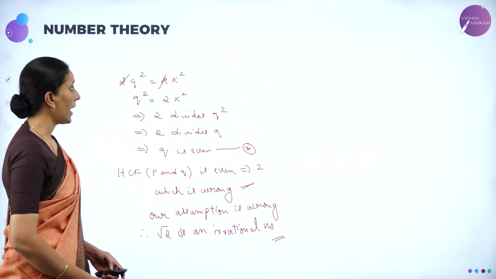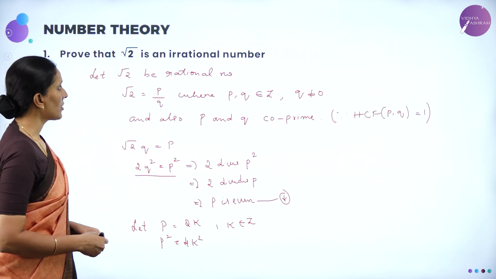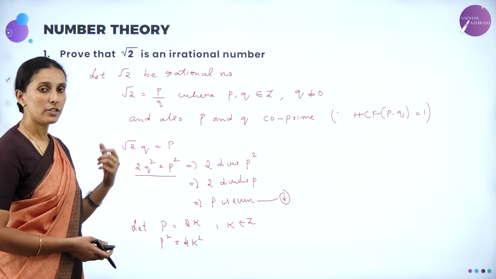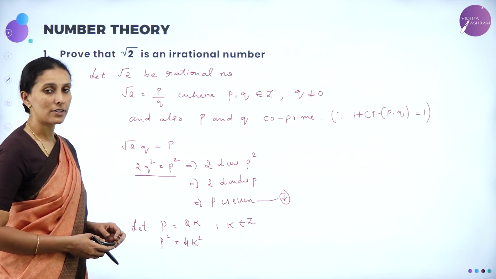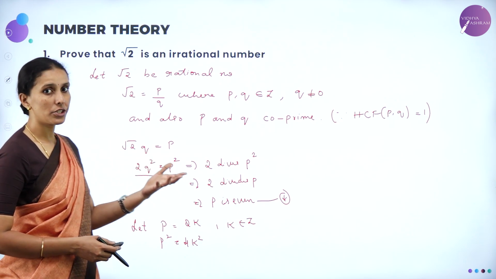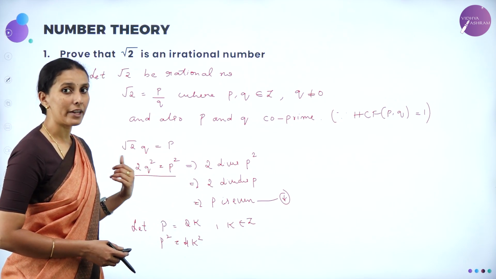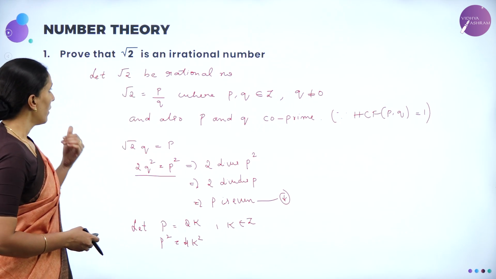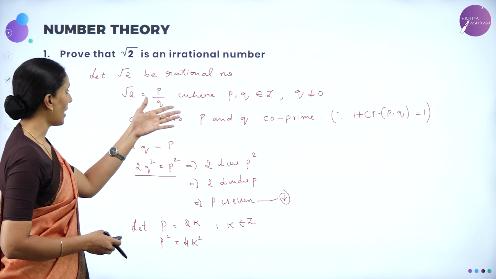To prove a number irrational, we take that number as rational. This process of proving a result is called the contradiction method. We take the contradiction of the statement and show that our assumption is wrong, and hence the given statement is true.